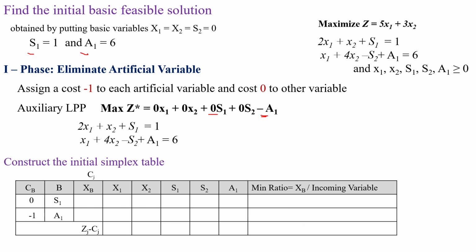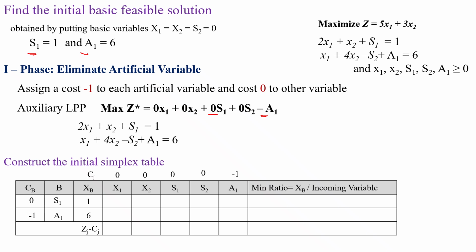So we introduce them here in this table. XB is the basic feasible solution. So the initial basic feasible solution is S1 equal to 1 and A1 equal to 6.